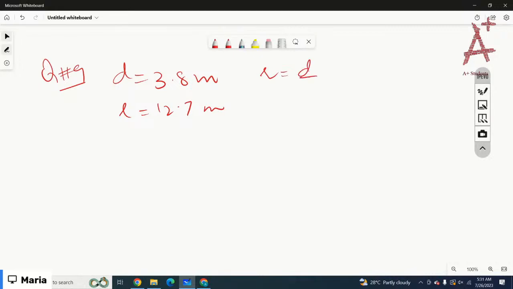Then radius equals d over 2, 1.9 it is. So first you have to calculate the area of the circular faces, that is pi r square. 3.14 times 1.9 square.